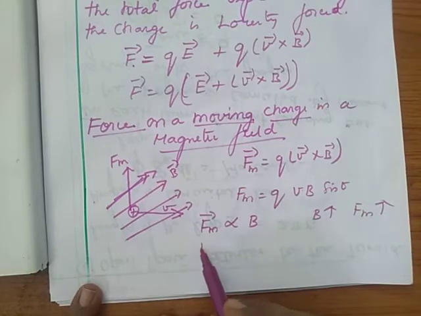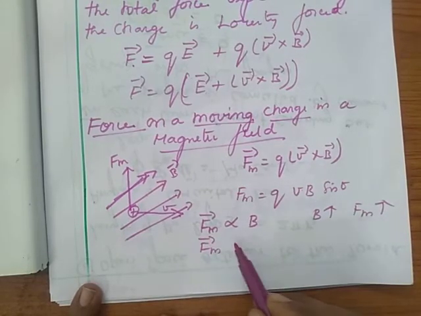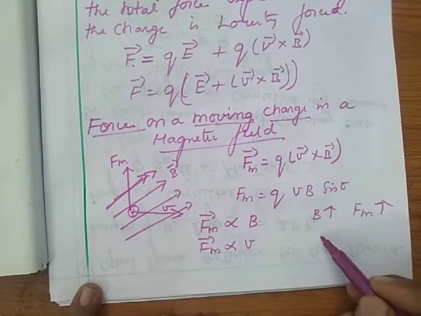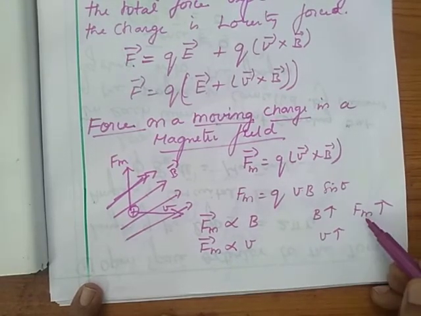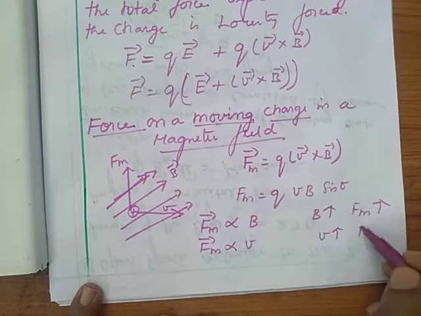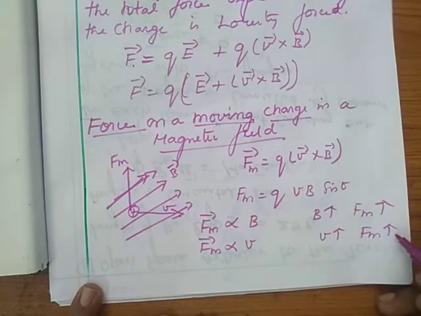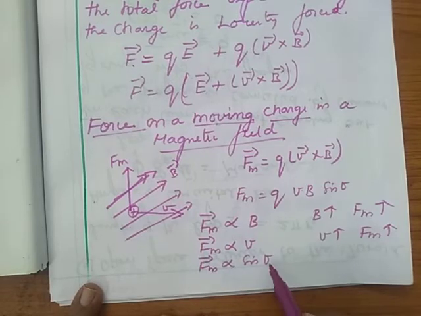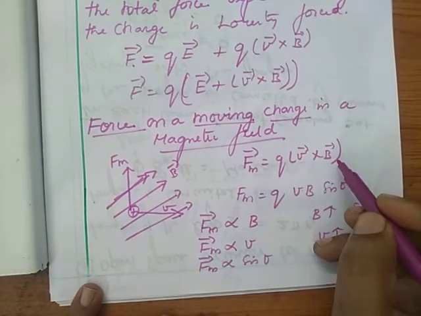Then the force is directly proportional to the velocity of the charge. If it moves with a higher velocity, then the force is also more. The force is directly proportional to the sine of the angle between the velocity vector and B vector.